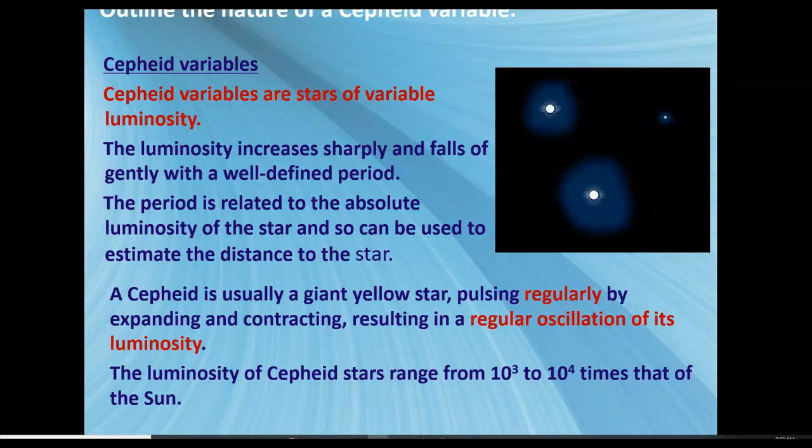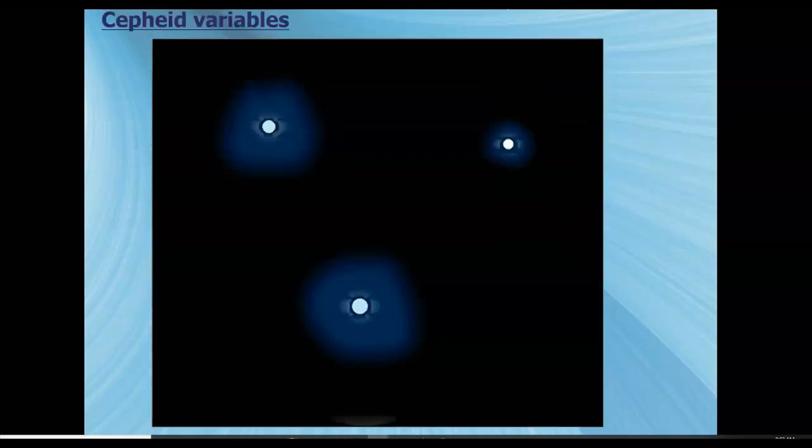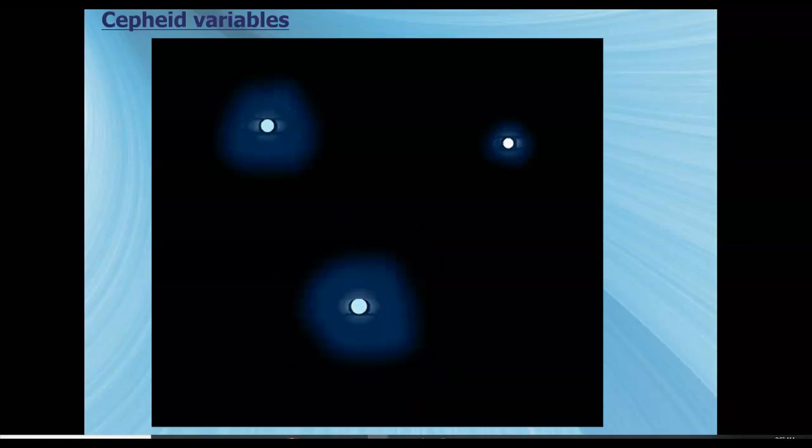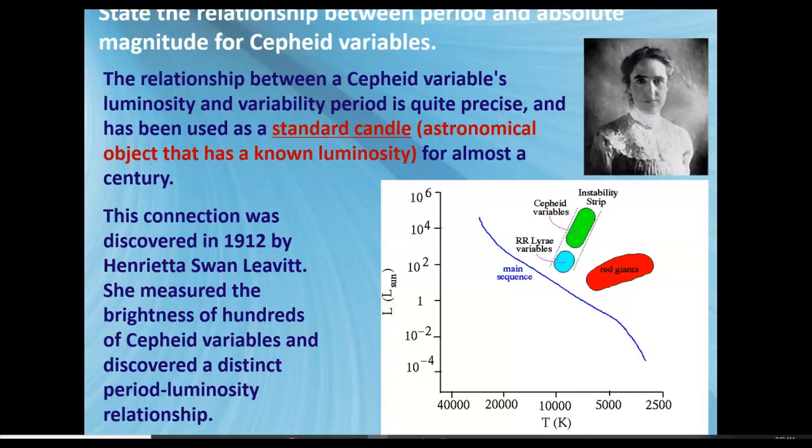The reason we like these Cepheid variables is because there is a relationship between their period, which we can very easily measure, and their luminosity. And we'll talk about that relationship momentarily. Here's just another animation showing you what these might look like.